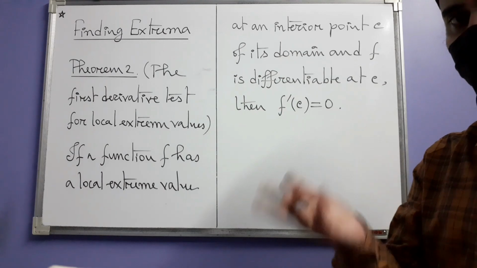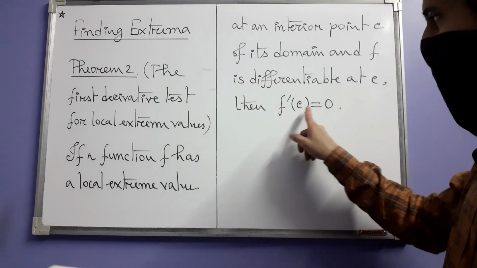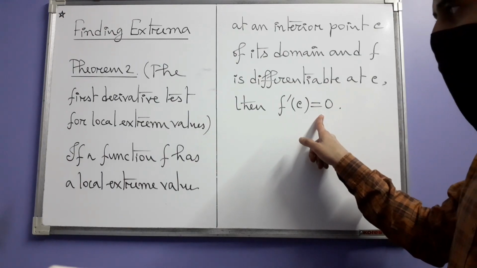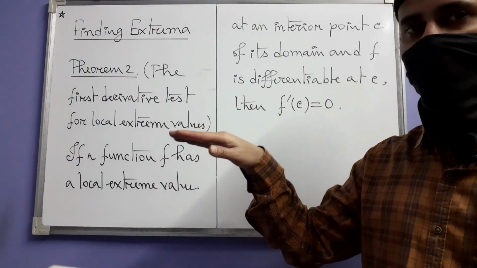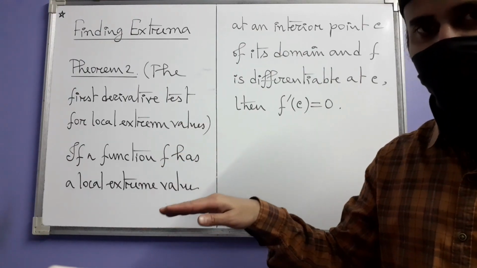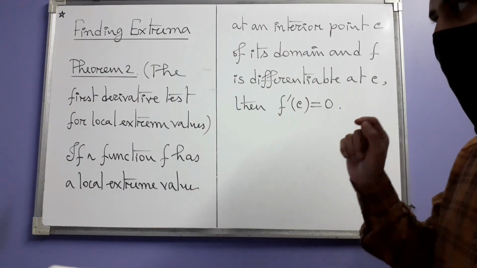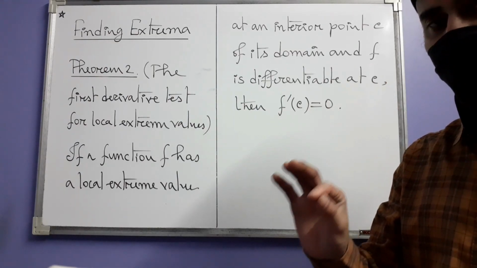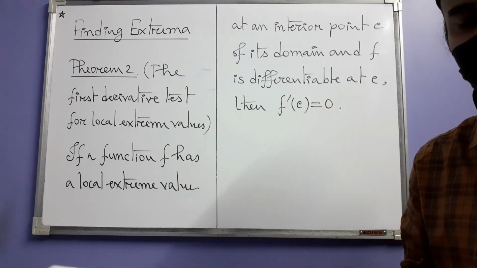That means f prime exists at C. Then the derivative value at C has to be equal to 0, which means that the slope of the tangent at that point to the graph of the function needs to be horizontal. And this will help us immensely to locate those points where the function possibly has local extreme values.